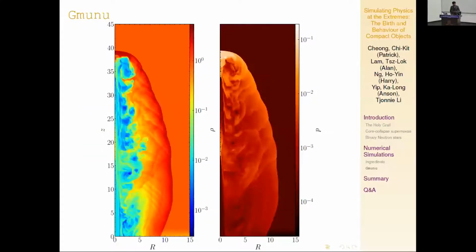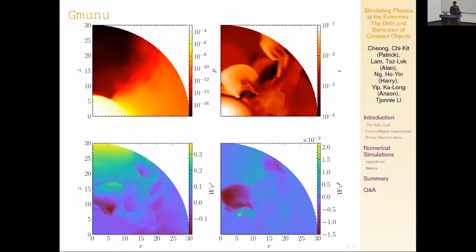Here I show you some examples, however, I will not go through the details. This is some code testing of our code. This is a relativistic jet, and this is a rapidly rotating neutron star. As it is really close to the Kepler limit, some of the matter flows out during the dynamical process.